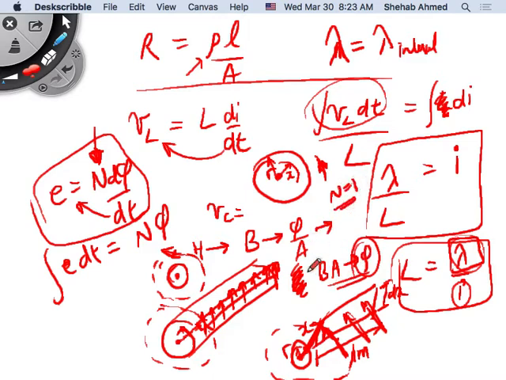And as soon as we've calculated phi from h, then b, then phi, you're done, right? Then you stop, because you calculated your flux linkage. In that case, the flux that you've calculated is equal to the flux linkage, right?